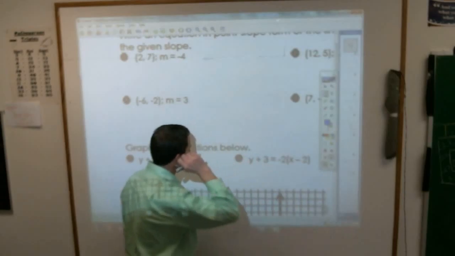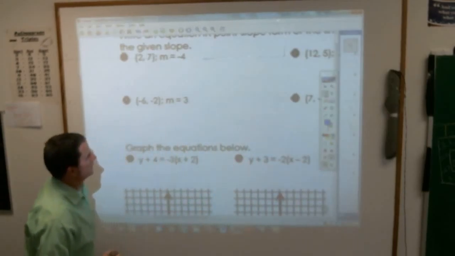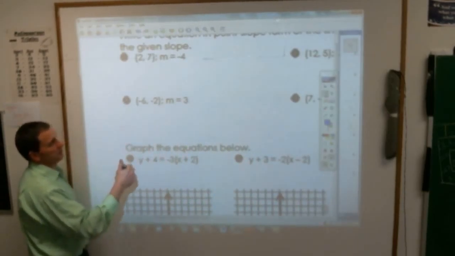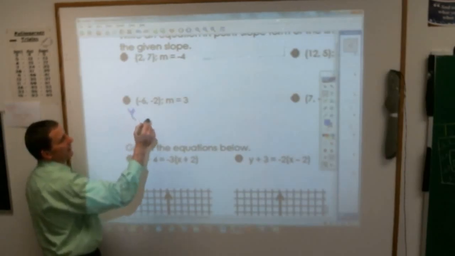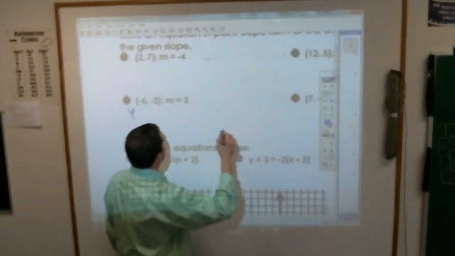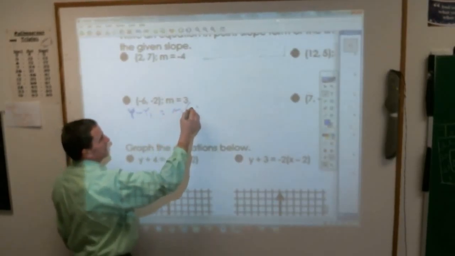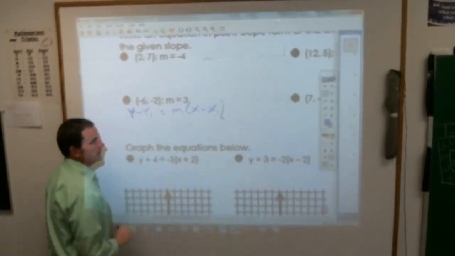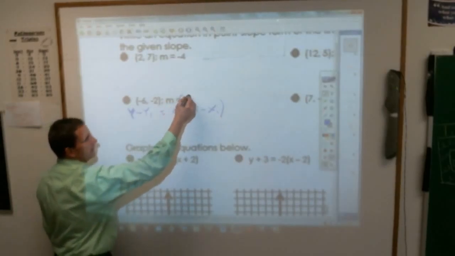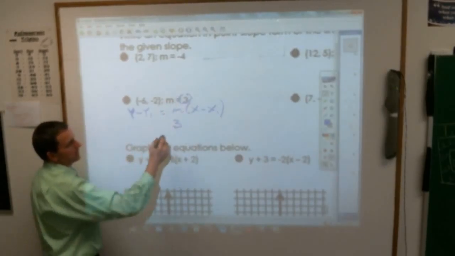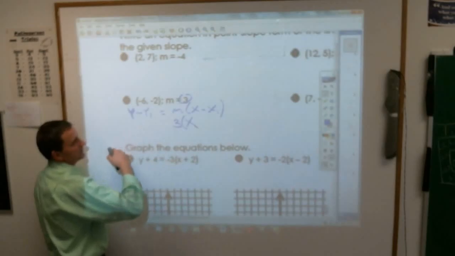Should I do it or should I let you try it? Okay, so you have to think, what's the original equation? y minus y sub 1 equals m times x minus x sub 1. So you just put this in for the letter m, it's 3. What is x?